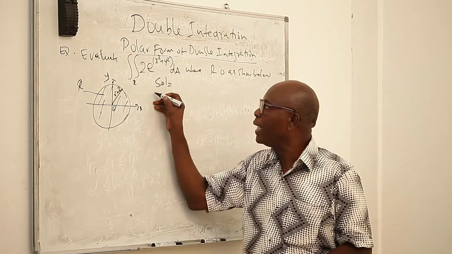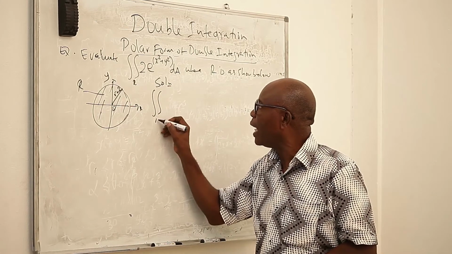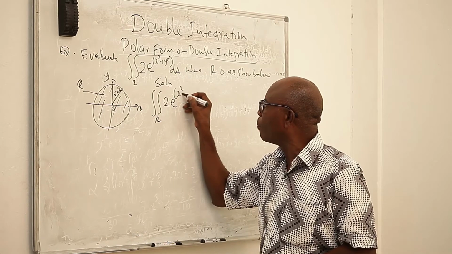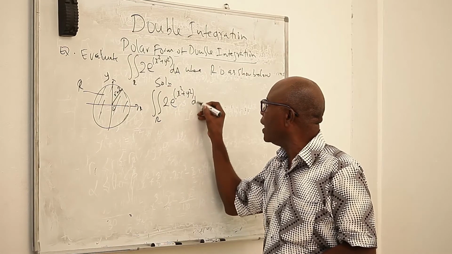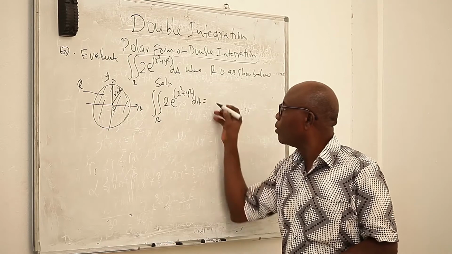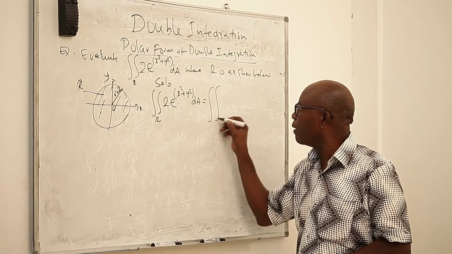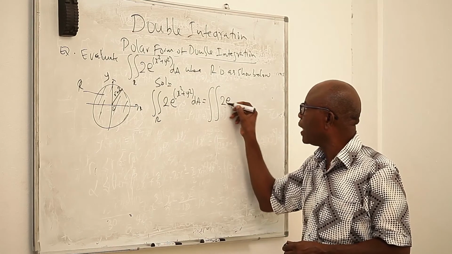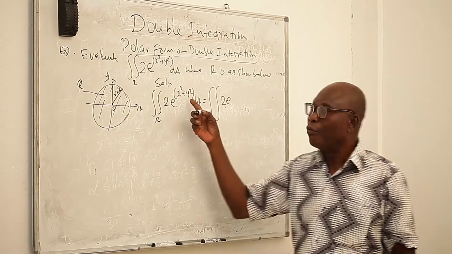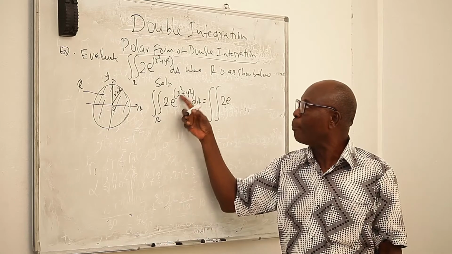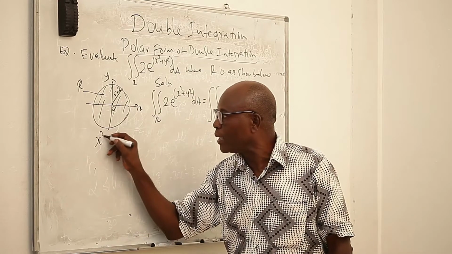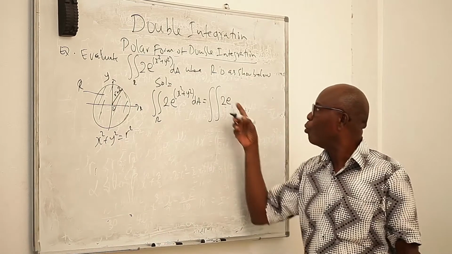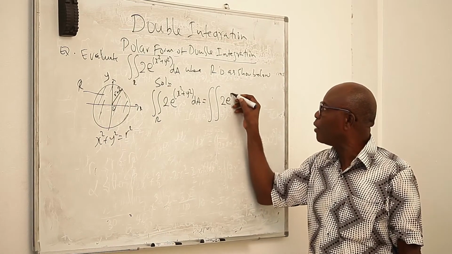Our double integral of 2 exponential x squared plus y squared dA can be put like this. We know from a circle that x squared plus y squared is equal to r squared, and so we put here exponential r squared.